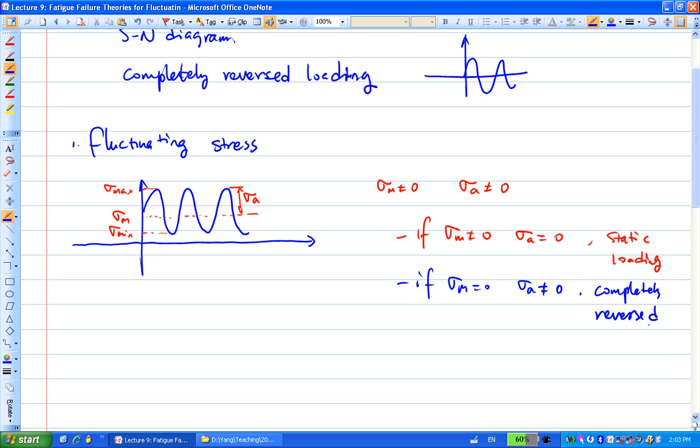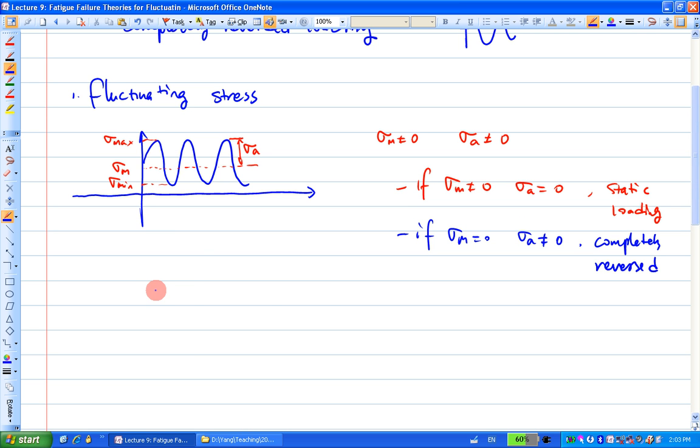For example, suppose this is a shaft here, simply supported. Then the shaft is subjected to a constant force in the middle. At the same time, this is a rotating shaft, and it has a constant torque added to the shaft.